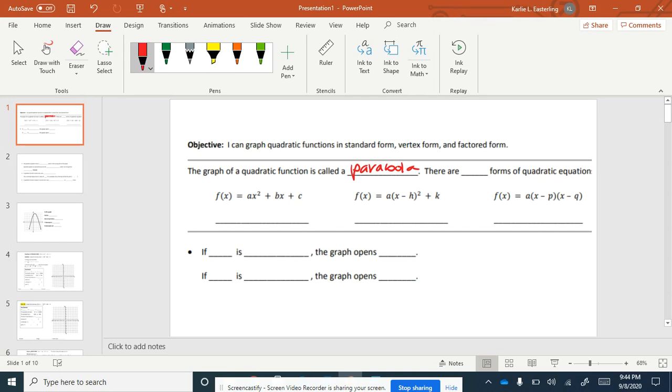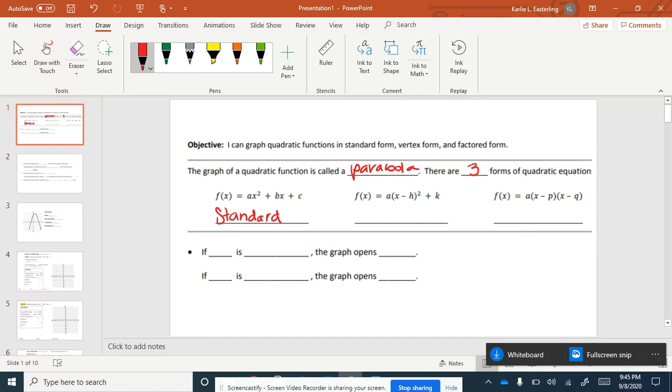And there are three forms of quadratic equations. That first form, f of x equals ax squared plus bx plus c, is going to be our standard form. That's the one that we were looking at the other day in class.